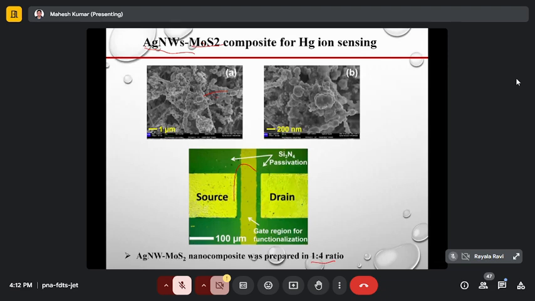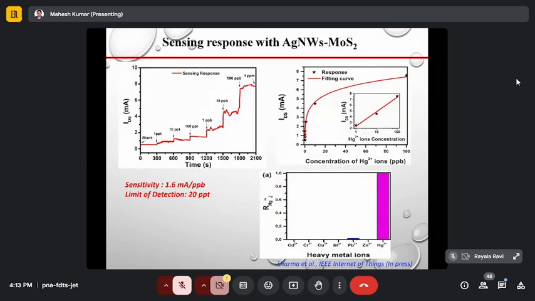And then on the gate, we have decorated with this particular material, and we found the response is much higher, even in the ppb, ppt range.